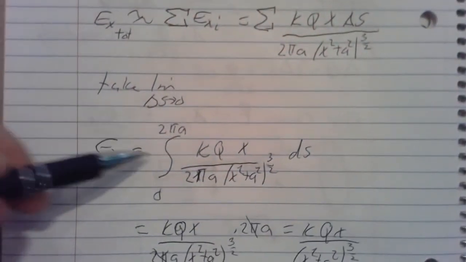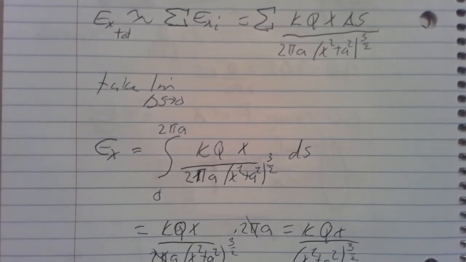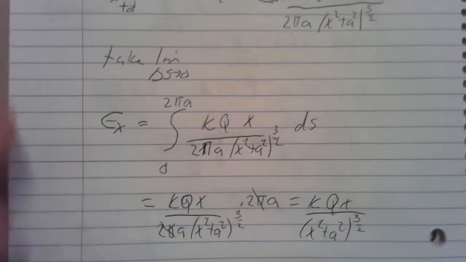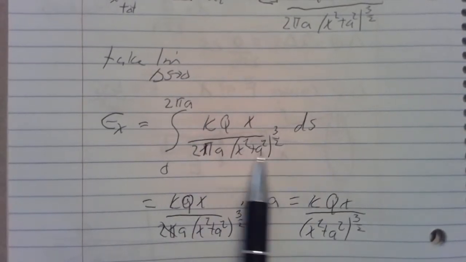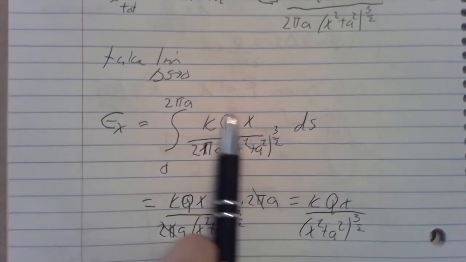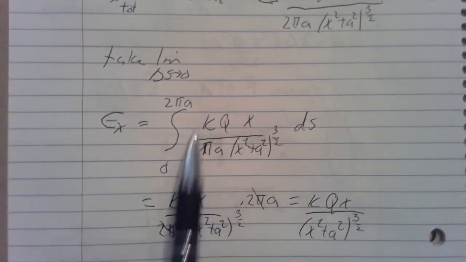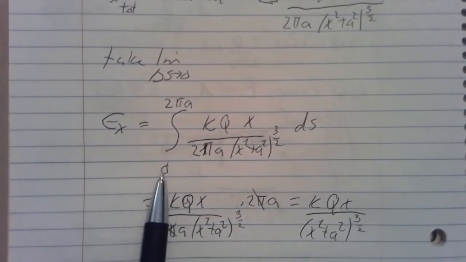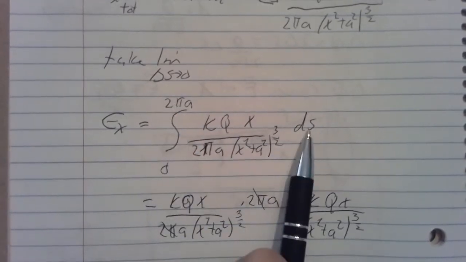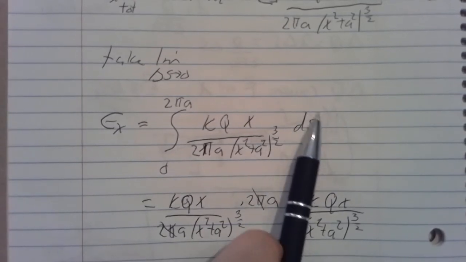So we get this integral. And you look at that and you think, oh my God, that looks terrible. But it's actually very easy because my variable of integration is s and there are no s's in the integrand. These are all constants as far as s is concerned. All of this comes outside the integral. And I get the integral from 0 to 2 pi a of ds, the integral around the circle.